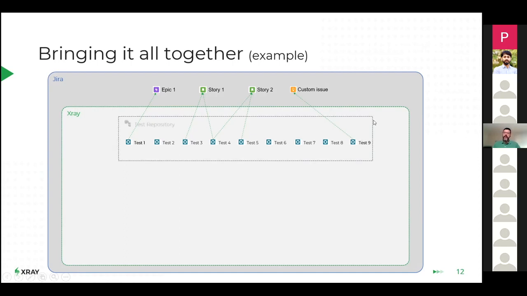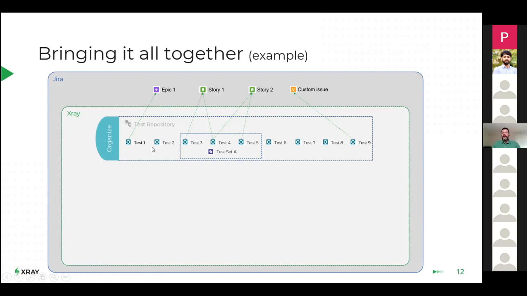And all of these test cases will automatically be placed into the test repository, regardless if you want to organize them into a tree-like structure or not. And of course, you can also use test sets to group particular tests that you want. So instead of linking in a particular test case, I can link in a test set, which simplifies my life, because if I'm only choosing one issue, that's fine. If I'm choosing 10 or 20, maybe it's easier if I use a test set. And this is what Xray provides you with for organizational purposes.